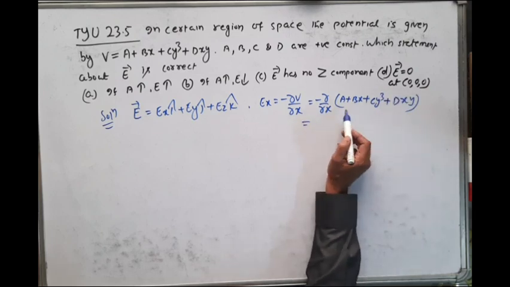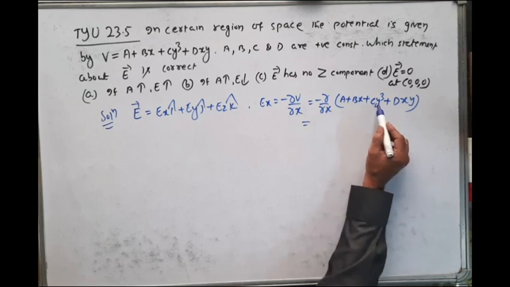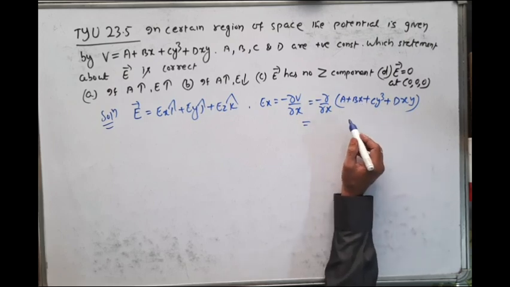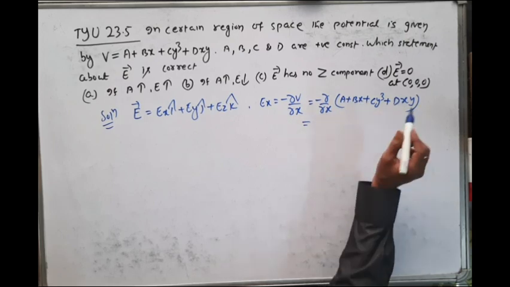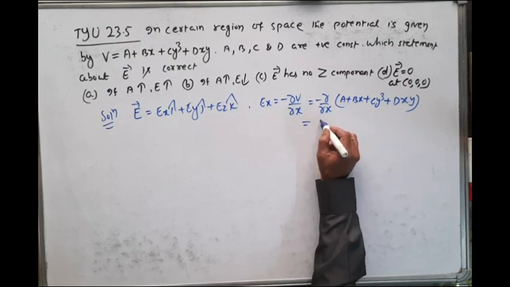Now differentiate with respect to x. When you are differentiating with respect to x, you are taking the partial derivative. At that time, other variables are assumed to be constant, that is here y is constant, only variable is x. A, B, C, D are all constants. So what is the derivative of A? 0. Minus, leave it.